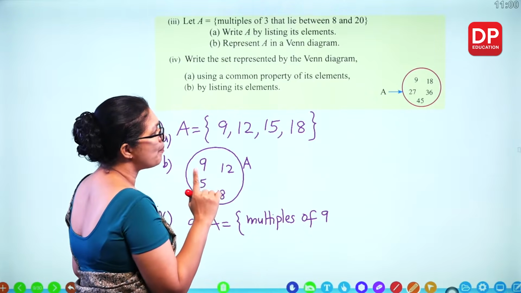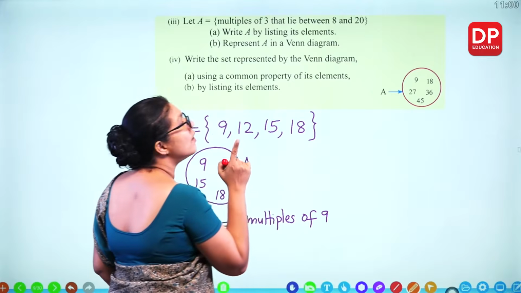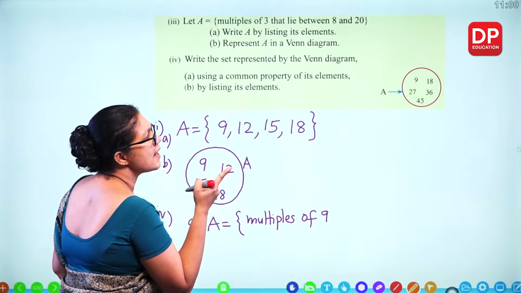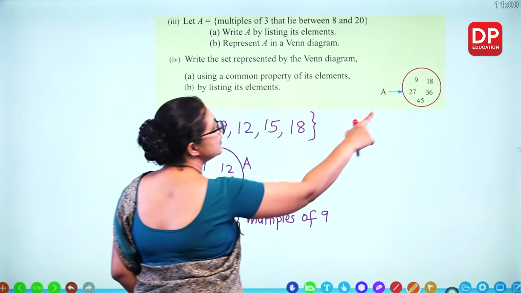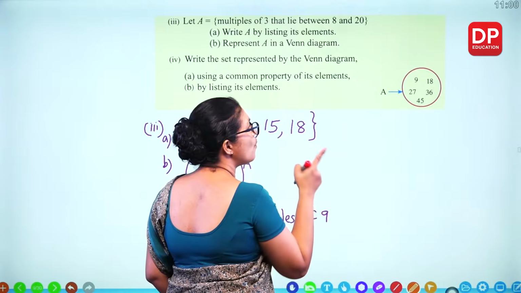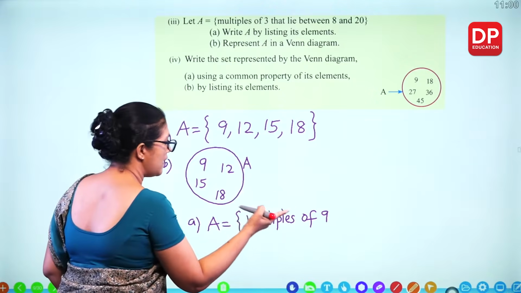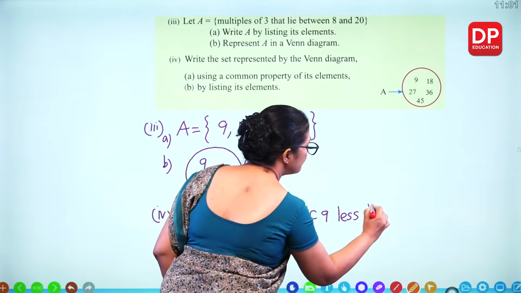You can write up to 45 or less than 50. Can we write less than 50? Yeah. So less than 50 also okay. 9 times 6, 54. 9 times 5, 45. So multiples of 9 less than 50.